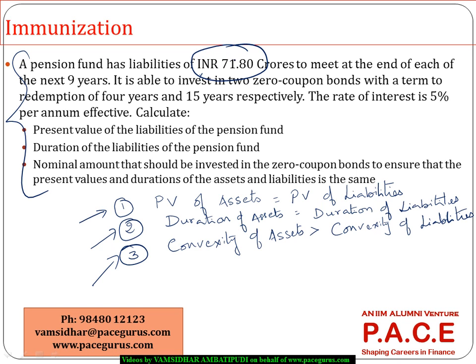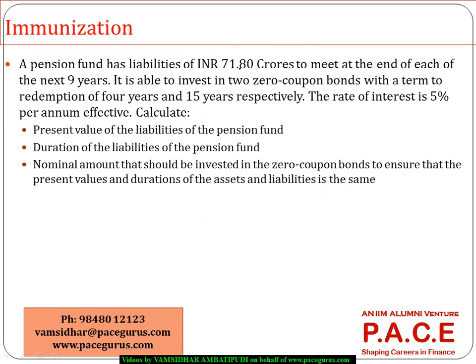of 71.8 crores of rupees to be met at the end of each of the 9 years. So if I put a timeline 0, 1, 2, 3 up to 9, at the end of each of the 9 years there is a liability of 71.8 crores.